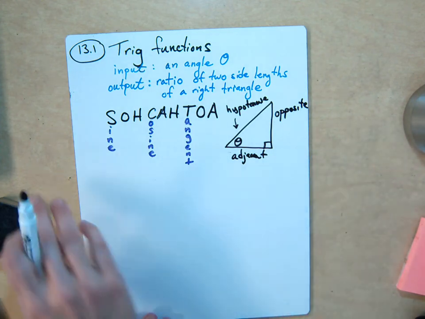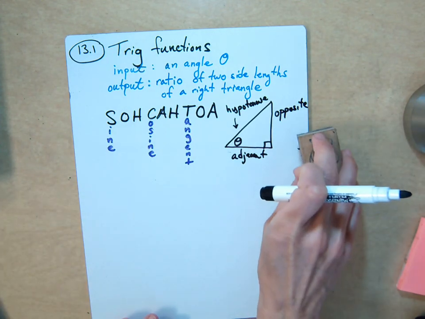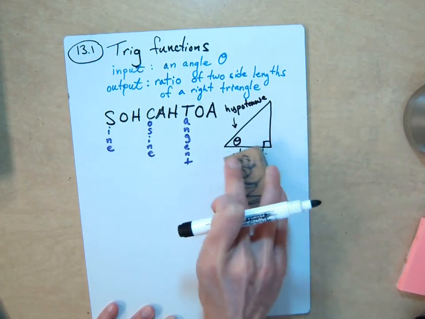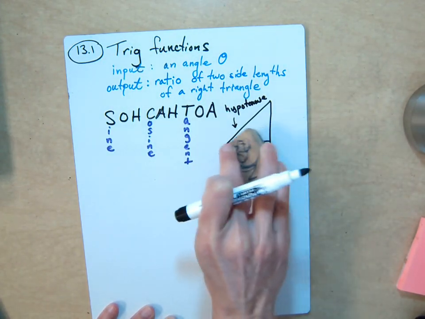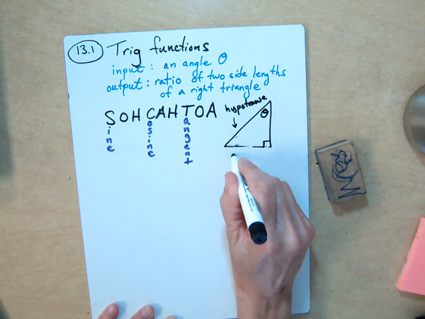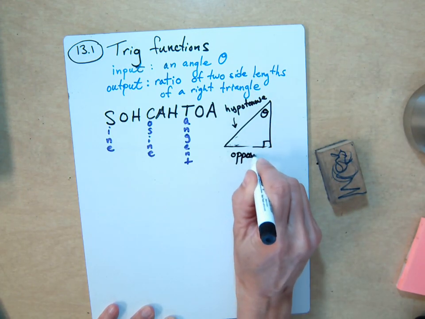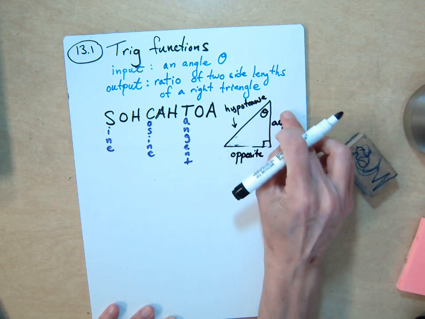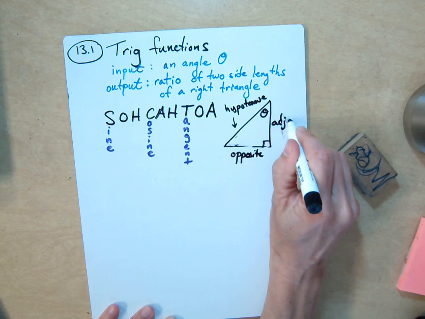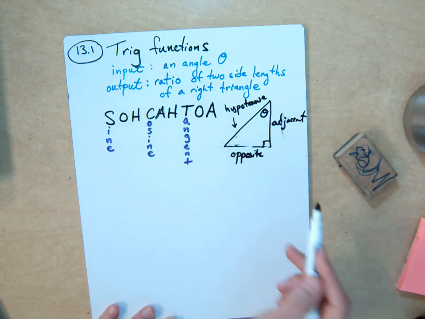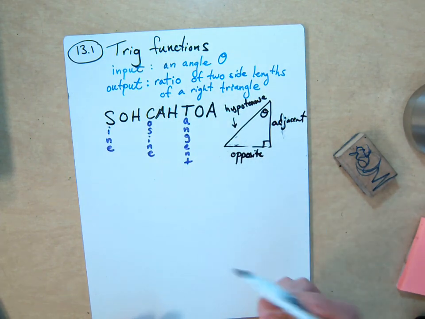Now if I put my angle in a different place, referring to this angle over here, this side is opposite, the furthest away, and this side is adjacent. That's what the O and the A stand for in SOHCAHTOA. But the hypotenuse will stay opposite the right angle.